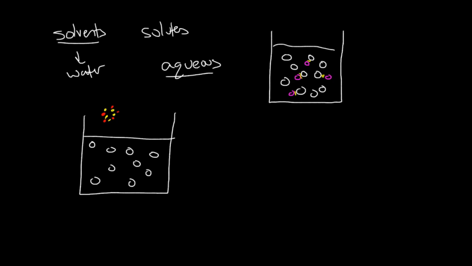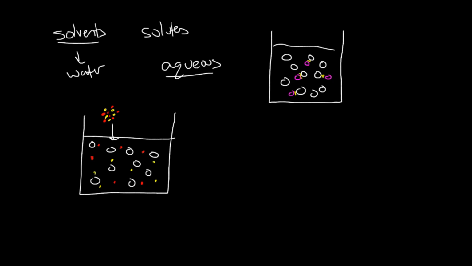As a solid, before we put this in water, the cations and anions are compacted together in close proximity. So think about table salt. Once table salt is added to water, we can no longer see the salt, and that's because the ions break apart and interact favorably with water.